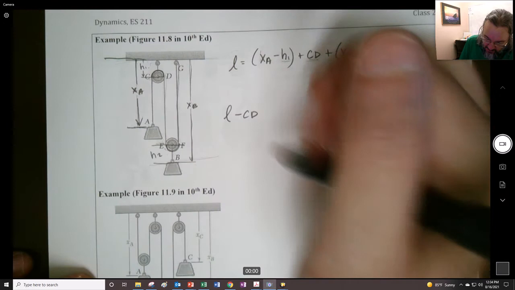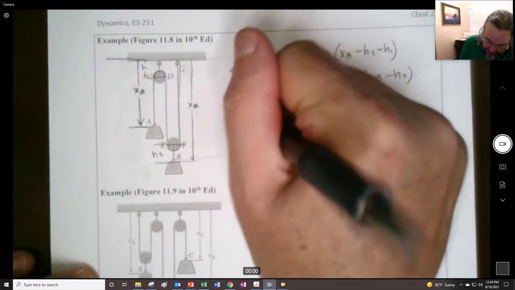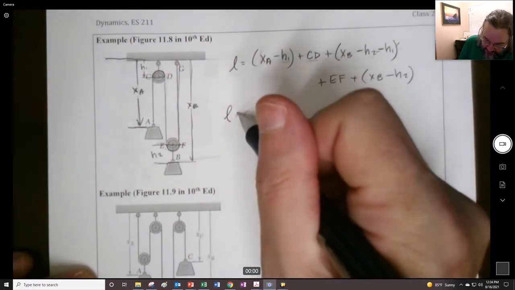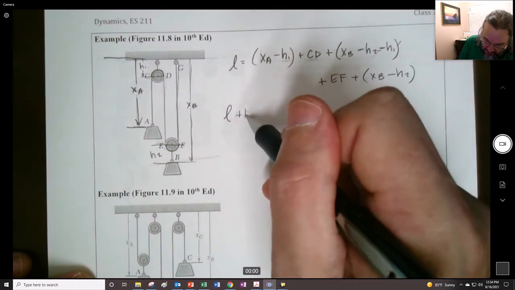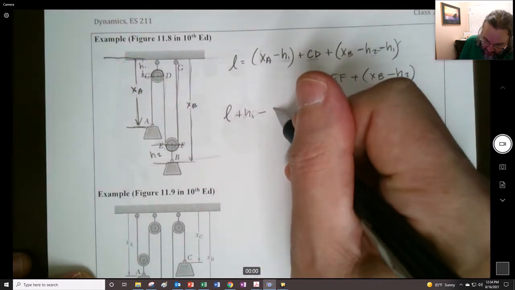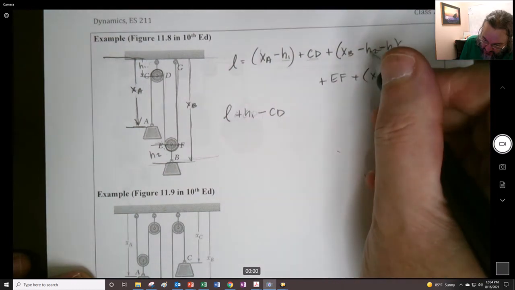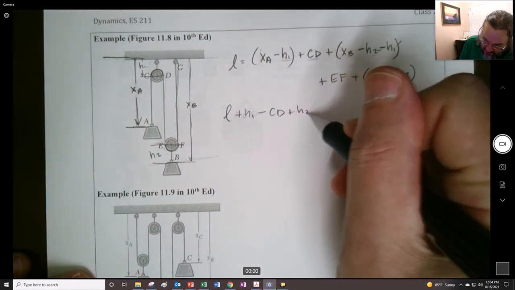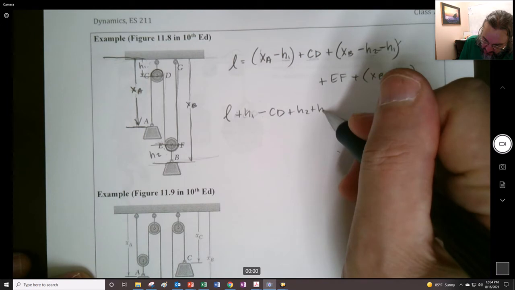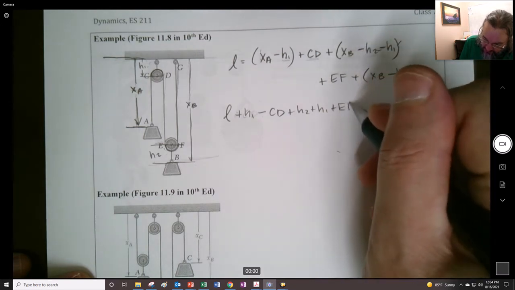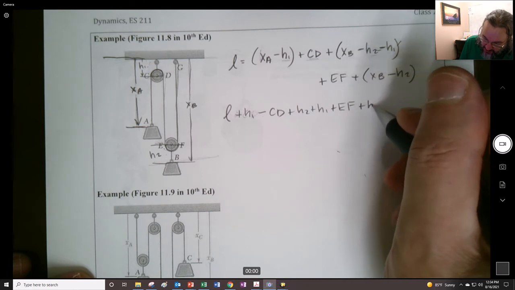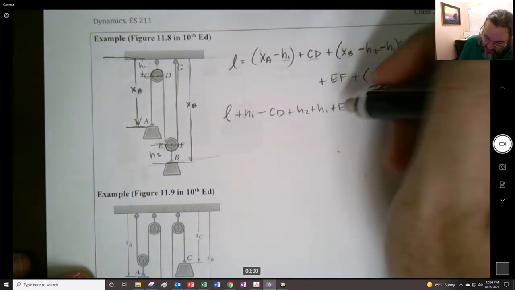Well, let me go first with this guy right here. Let's go L. I'm going to move this guy over, so it's going to be plus H1 minus CD, and plus H2 plus H1 plus EF plus H2. Oh, it should be minus EF, right?